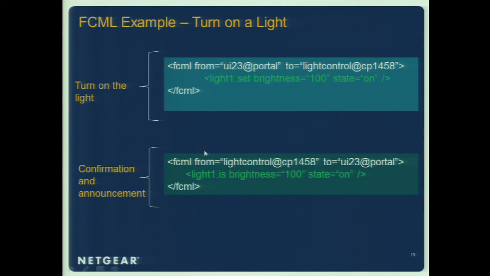On the light control application on the control point side, when it receives the message, it performs the function of turning the light on and setting the brightness to 100%. It then confirms that it received that message by responding back with its object, the object that acted on that message, and with an is method, and it's basically broadcasting.